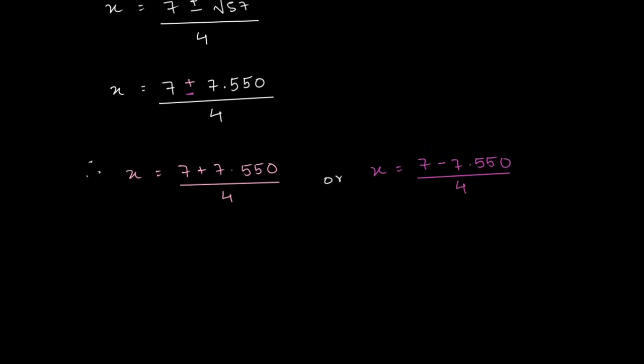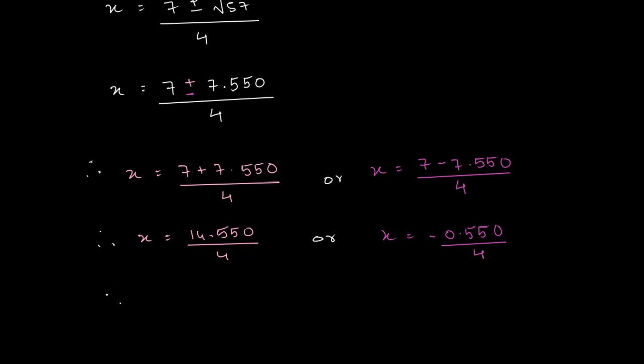So if I am to solve it now, therefore x is equal to 7 plus 7.55 is 14.550 upon 4, or x is equal to 7 minus 7.550 is minus 0.550 upon 4, right?